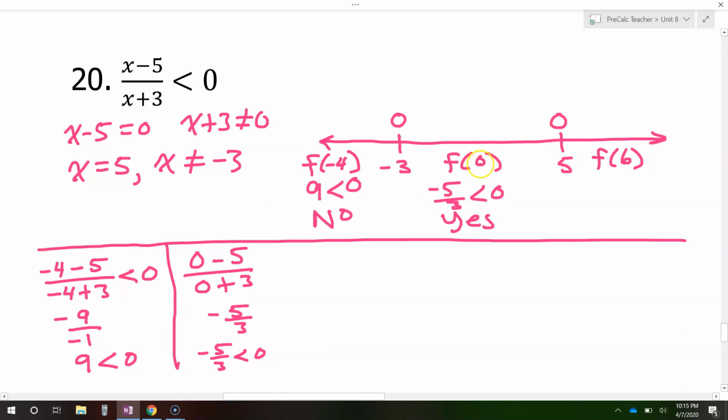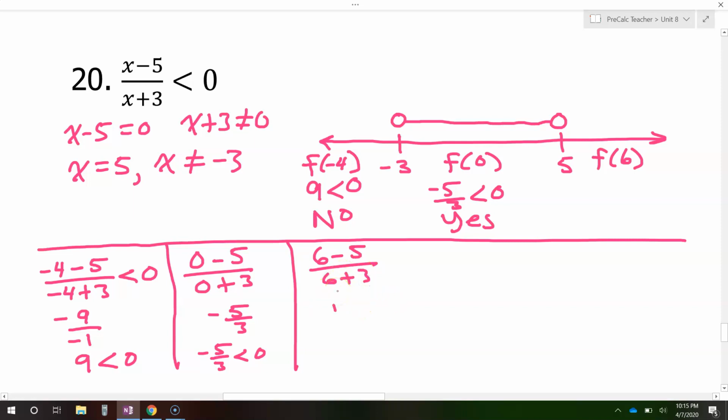That means 0 is a solution to the inequality, which means that all of the values in this interval are solutions. And finally, let's check the value of the function at 6. If we put 6 in, then that'll be 6 minus 5 over 6 plus 3.